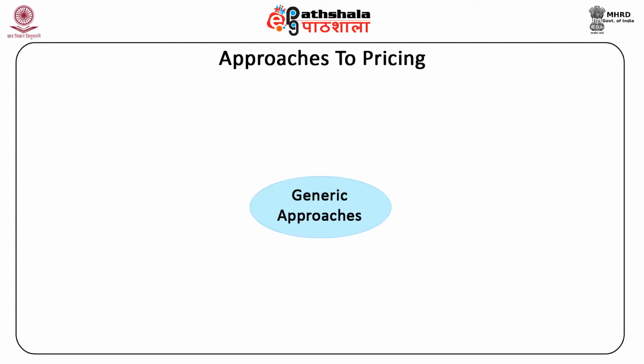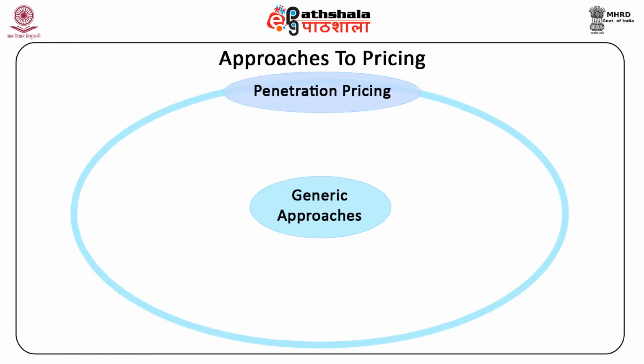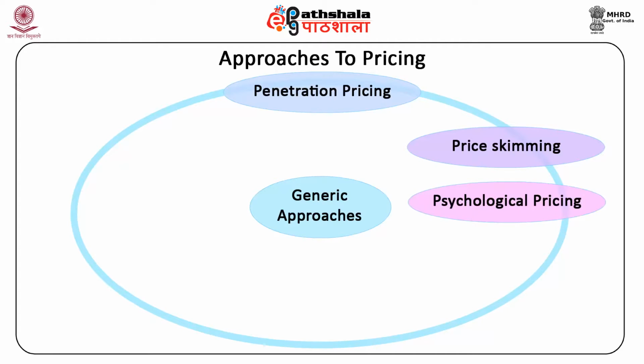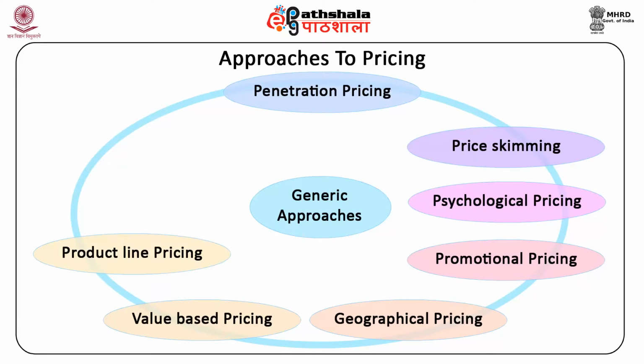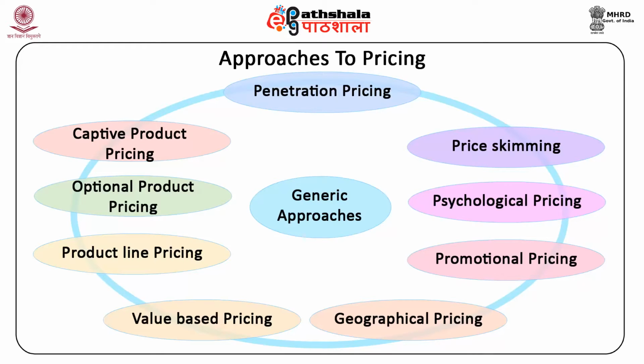Most generic approaches to pricing which can be applied to global products are penetration pricing, price skimming, psychological pricing, promotional pricing, geographical pricing, value-based pricing, product line pricing, optional product pricing, and captive product pricing.